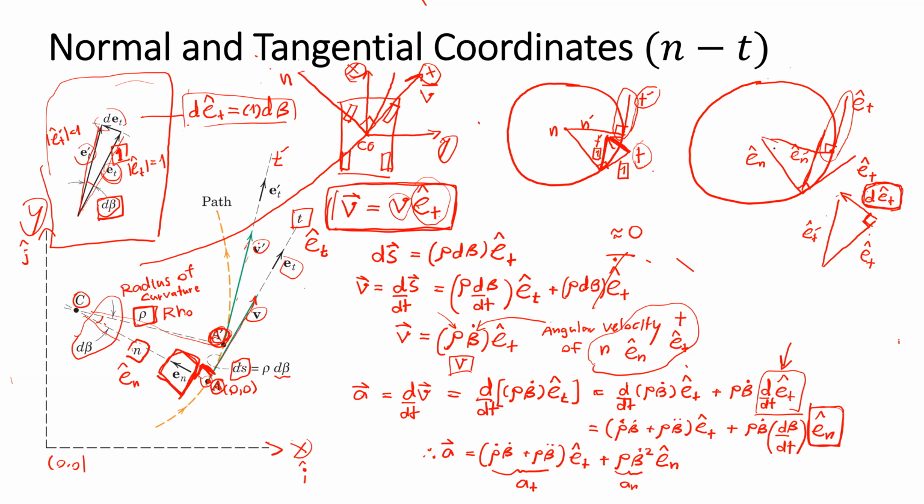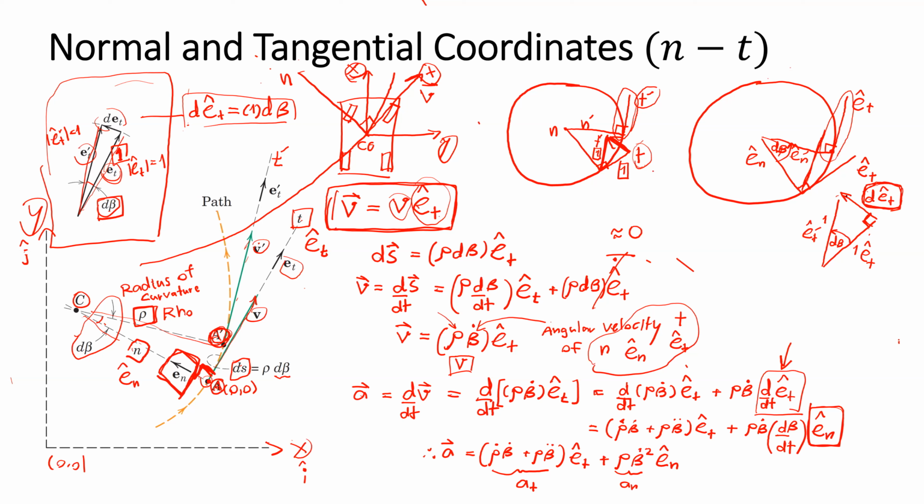From this picture, if the angle is d beta, the small angle d beta, okay? The angle d beta will be the angle between the tangential vectors also. And the radius is the same.